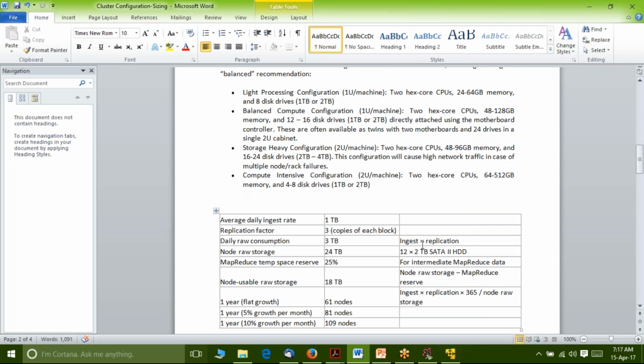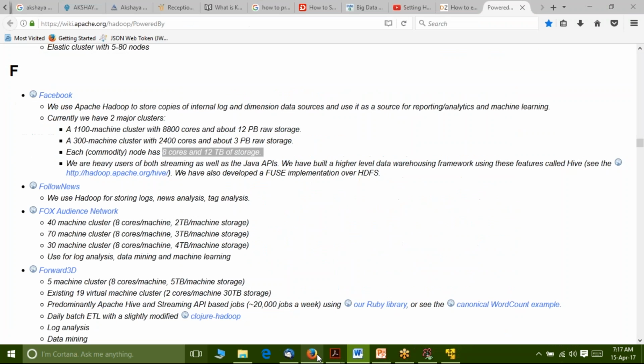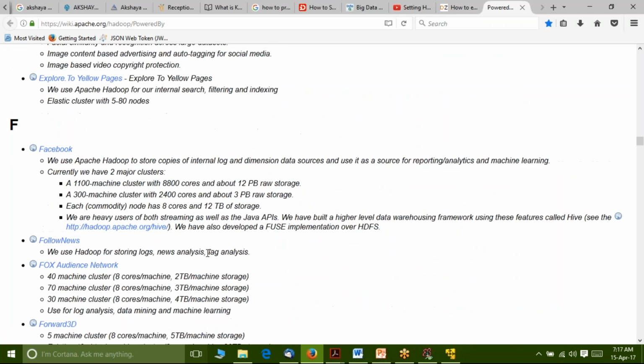And usually, depending on, because you know very well, here if you look at the concept, for what purpose we use Hadoop: for storing logs, news analysis and tag analysis.